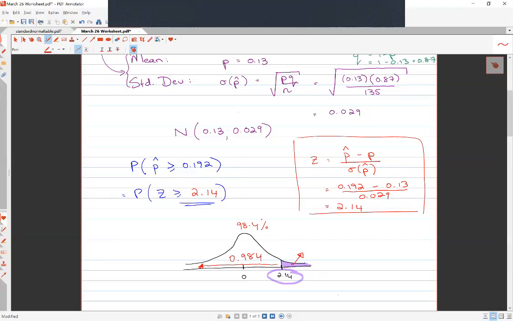But I want to know how likely I am to be above the z-score. So this would be 100% minus the 98.4%, which in this case is 1.6%. So the chance is 1.6% that I have too many left-handed people show up and the auditorium cannot accommodate all of them.